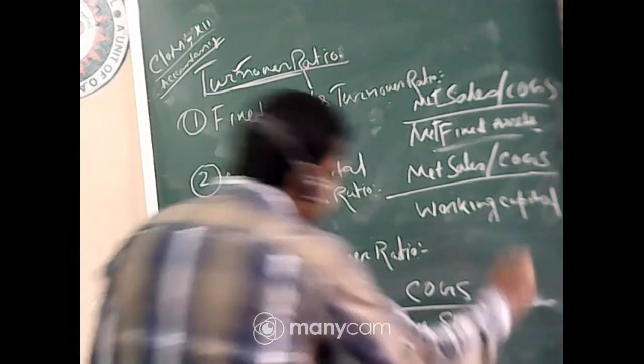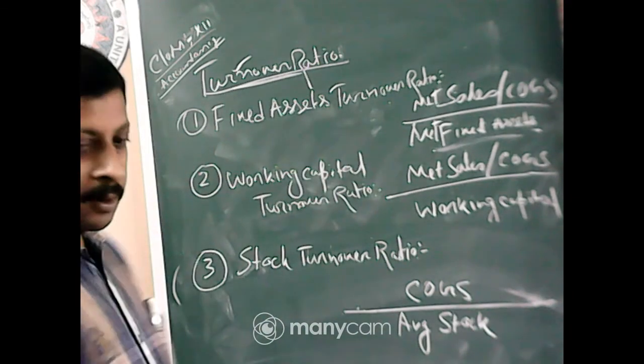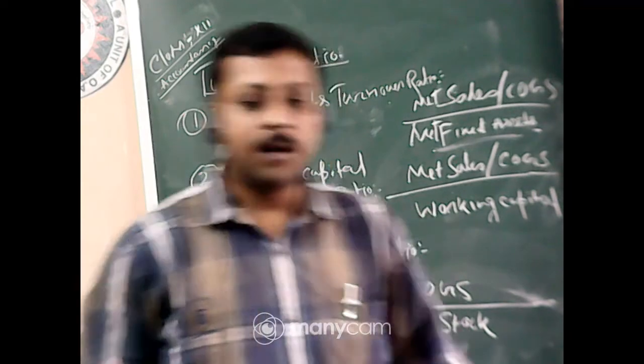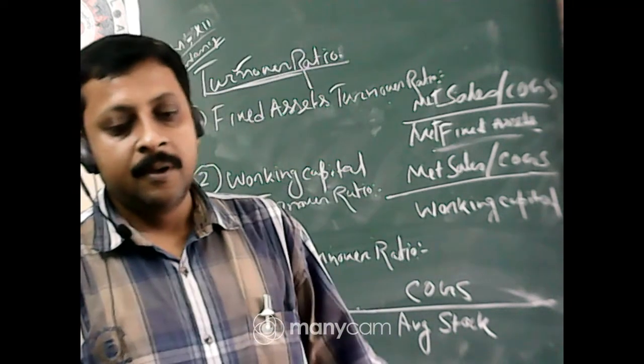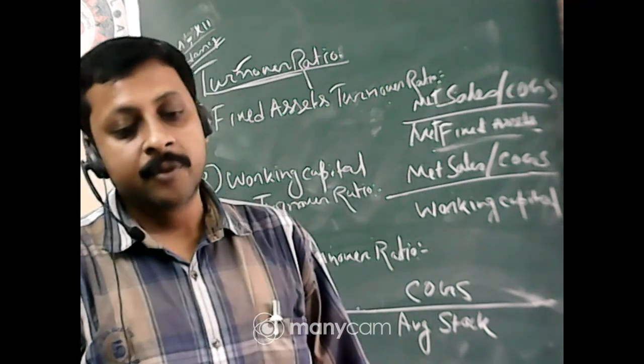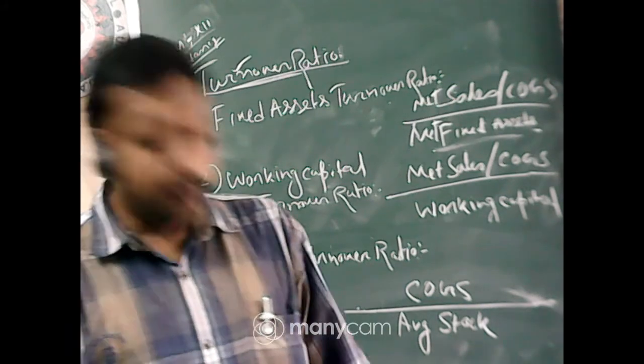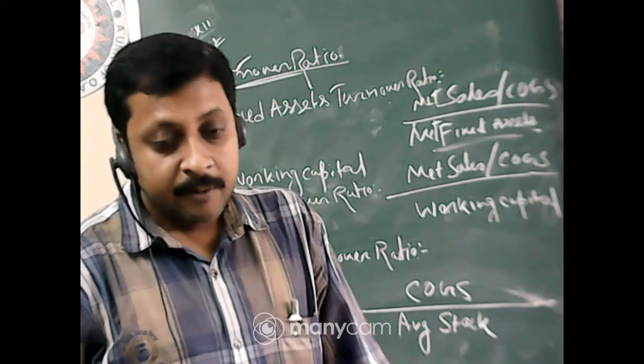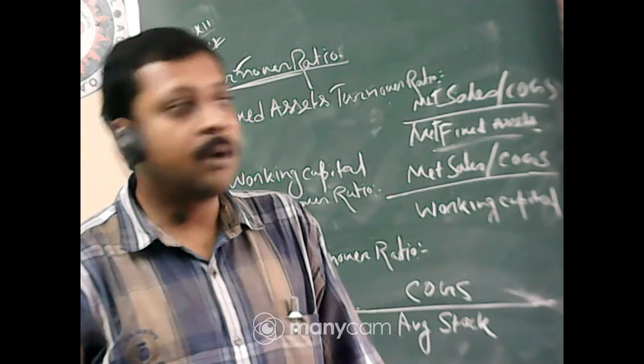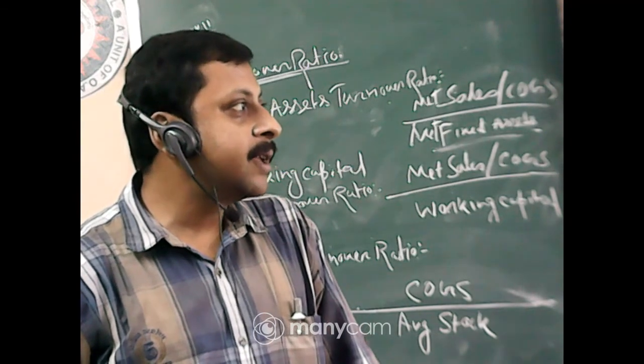Why is this average stock? Because we are not using sales in case of stock turnover ratio. Why are we not using the sales? Because stock means you are not selling the stock.